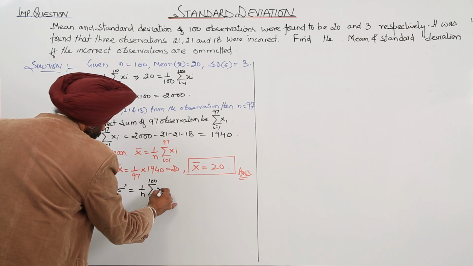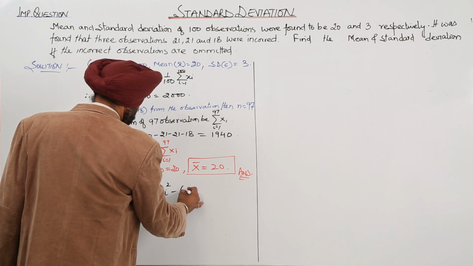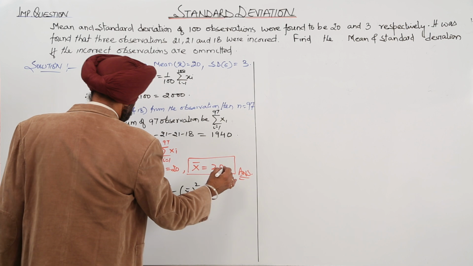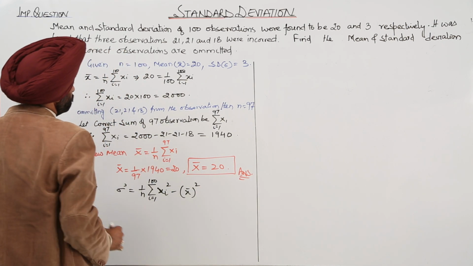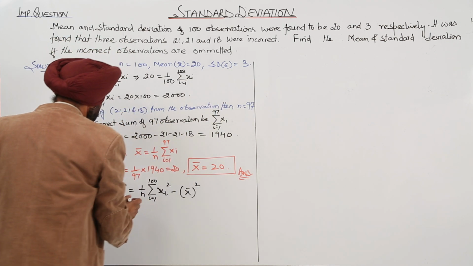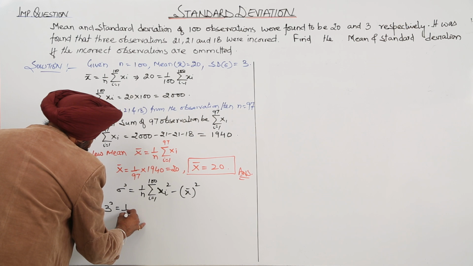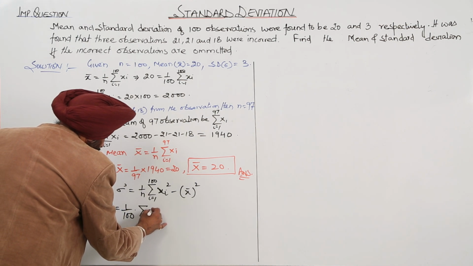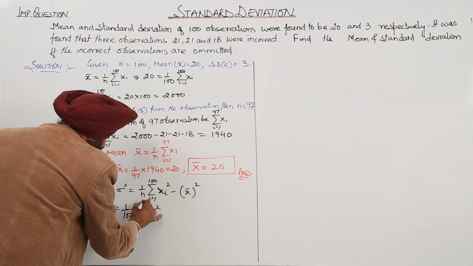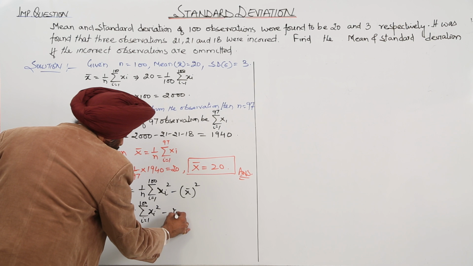The standard deviation is given as 3. So 3 squared is equal to 1 upon 100 times the summation of the squares for the 100 terms, minus 20 squared.